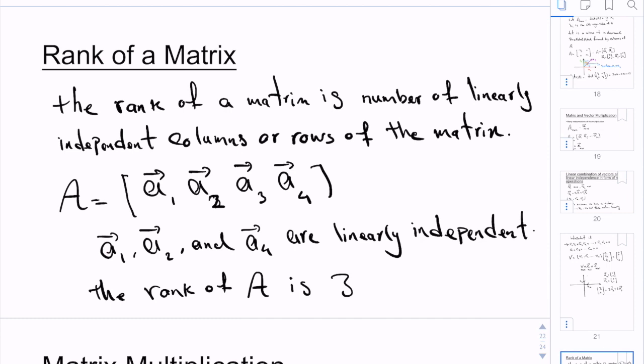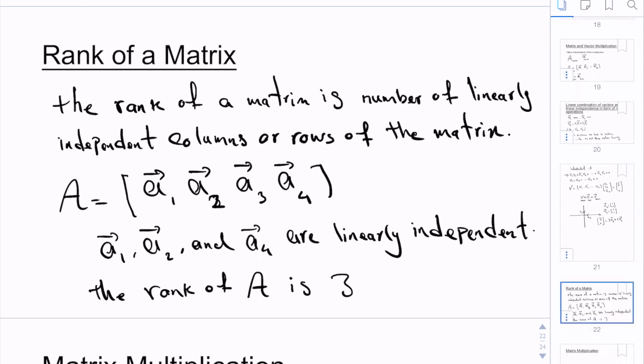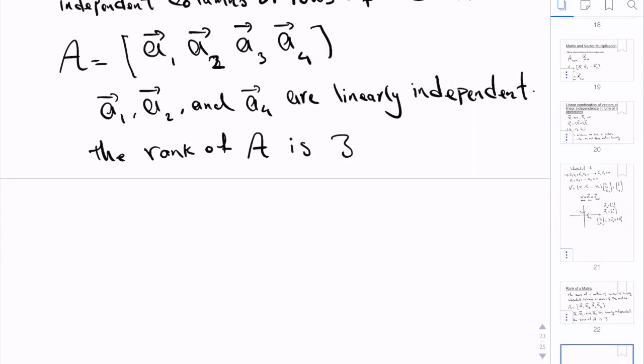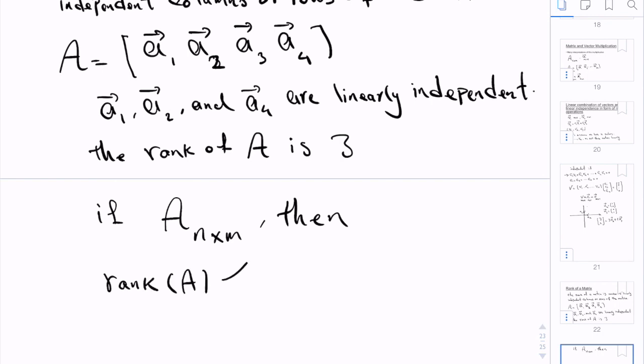So we know that the rank of a matrix is always at most the minimum of the number of columns or rows. That's very important. So let's say if A is an n by m matrix, then the rank of A is always smaller or equal to the minimum of n and m.